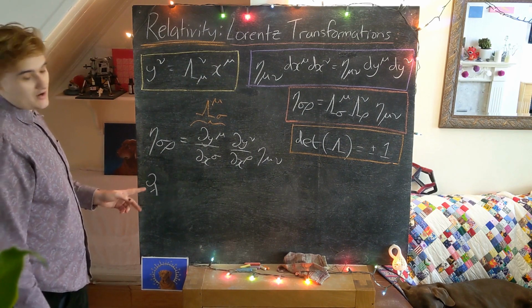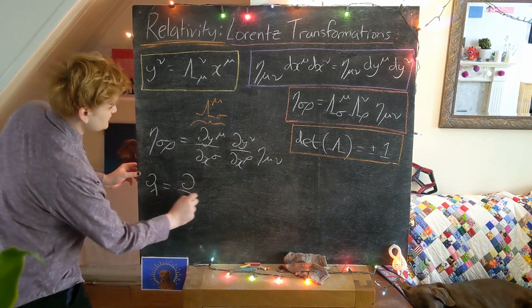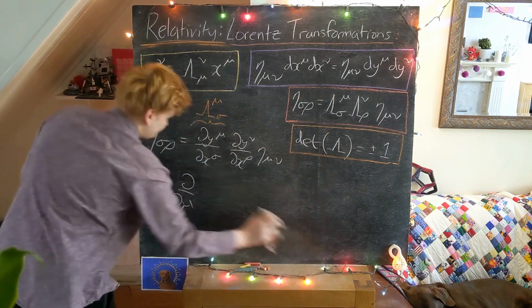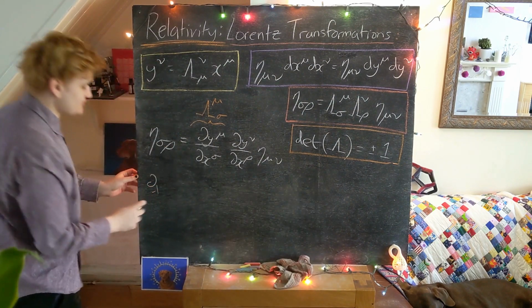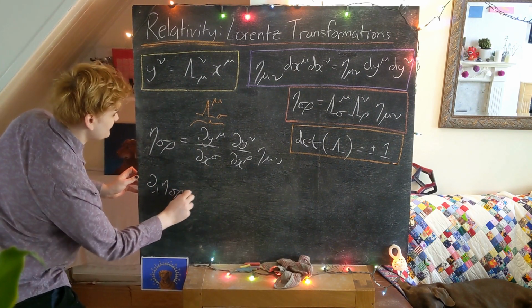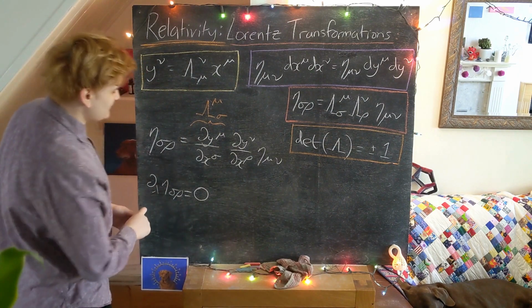So this partial subscript lambda is just shorthand for dx. Taking a partial derivative, just have to introduce a new index lambda. So this partial derivative here is going to be equal to 0 because the eta is just a constant matrix.